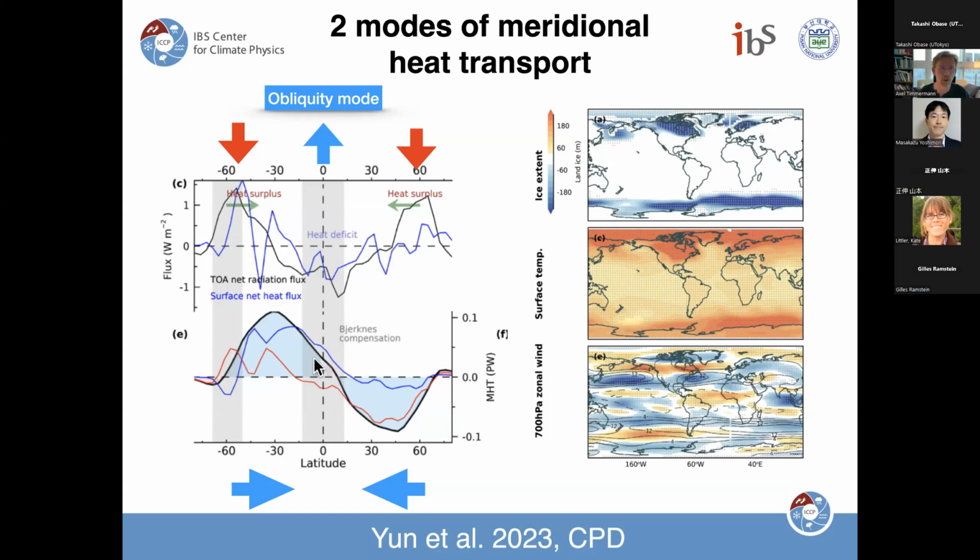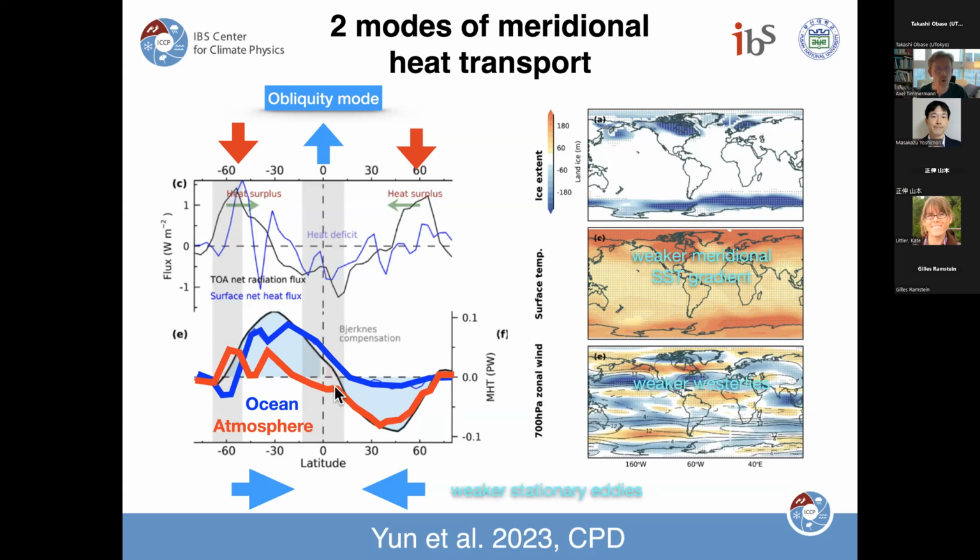So we have a cross-equatorial transport, mostly provided by the ocean, partly compensated by the atmosphere, but not fully. This is creating convergence in the system. It also makes sense that we have weaker westerlies associated with this mode in the northern hemisphere, so we have less heat transport in the atmosphere.